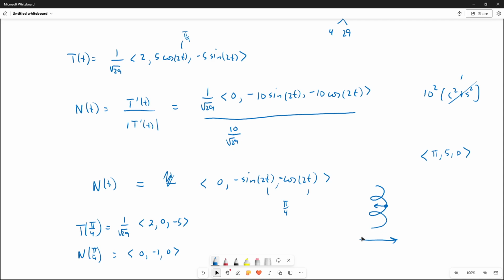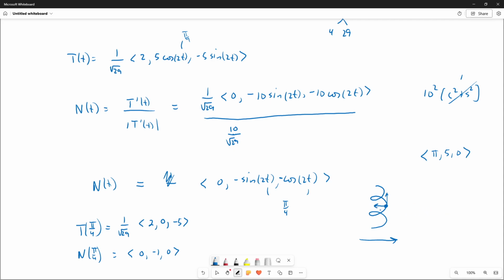Okay, there's our answers. T of pi over 4 is this unit vector, because this is a unit tangent vector, and this vector is going in the direction of the curve, and this vector is perpendicular to that tangent vector. It's called the normal vector. It's also a unit vector, and it points in the direction that the curve is bending.